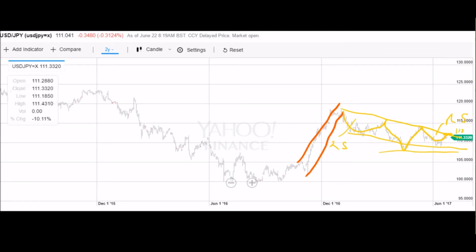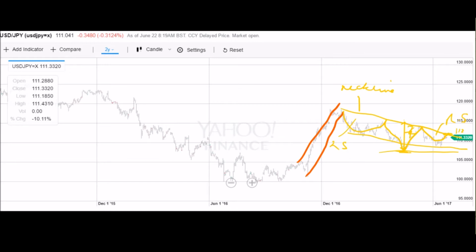The distance between the head and the neckline here would be roughly 5 to 6 yen. 115 to just below 110, which let's assume this is 108. So you've got 7 yen. So you can project 7 yen from the breakouts.